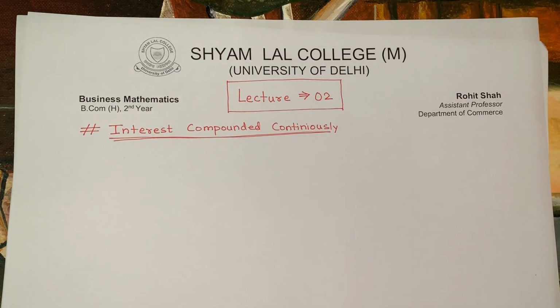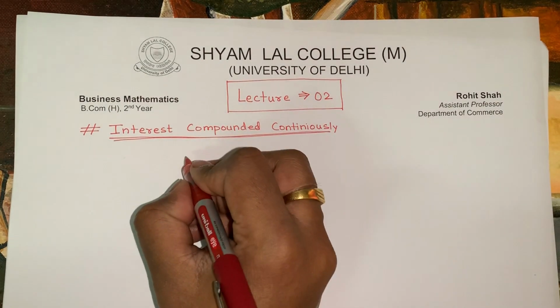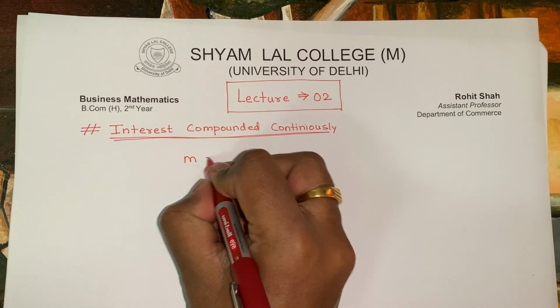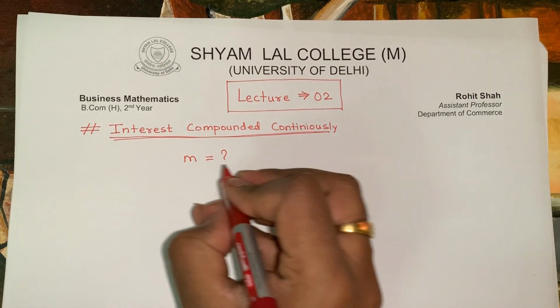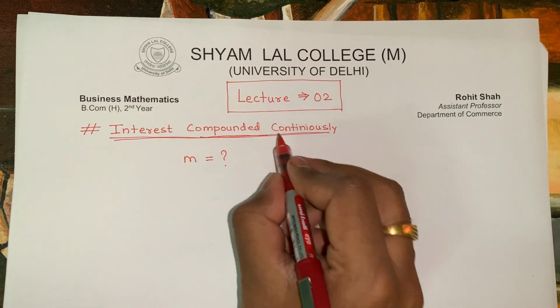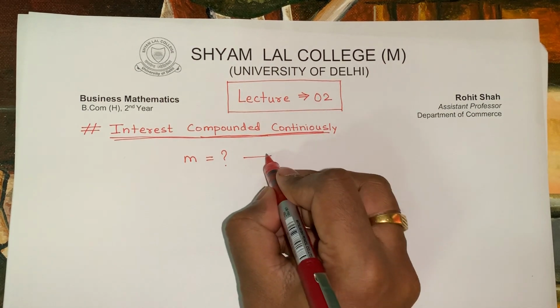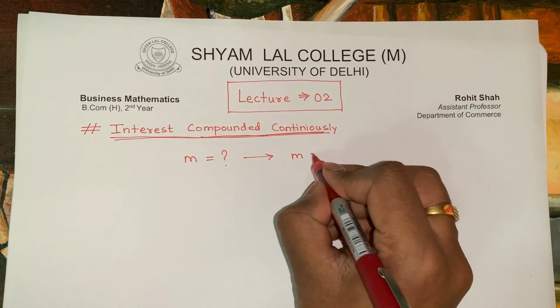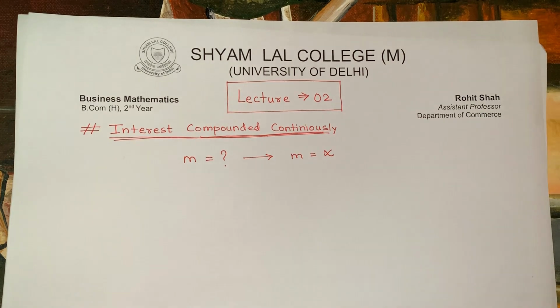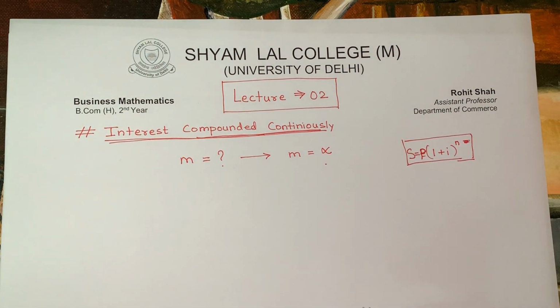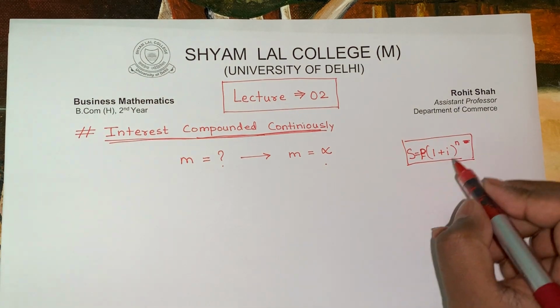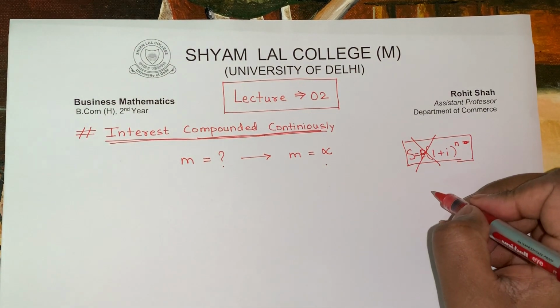So then the question arises, what would be our m? When interest is being compounded continuously, our m becomes infinity. So we no longer will be able to use this formula for computing amount.